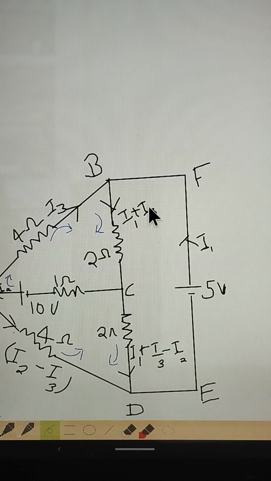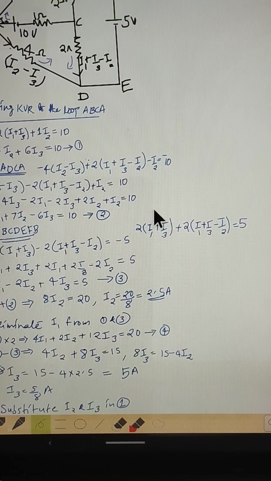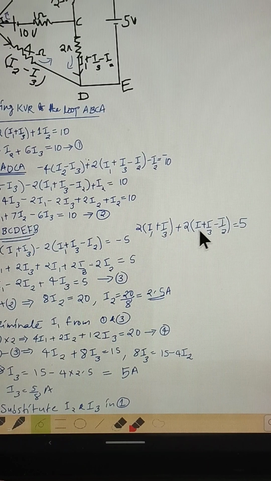So (I1 plus I3) into 2 plus (I1 plus I3 minus I2) into 2 should be equal to the EMF, 5 volt. So we can make another equation: 2 into (I1 plus I3) plus 2 into (I1 plus I3 minus I2) is equal to the EMF of that loop, that is 5 volt.